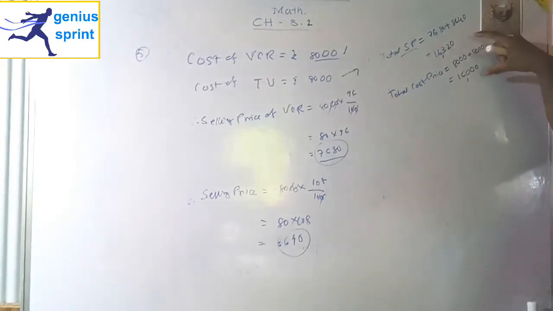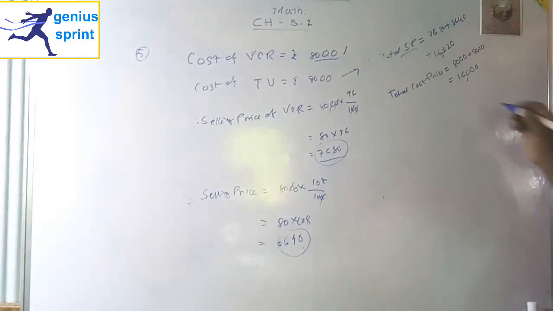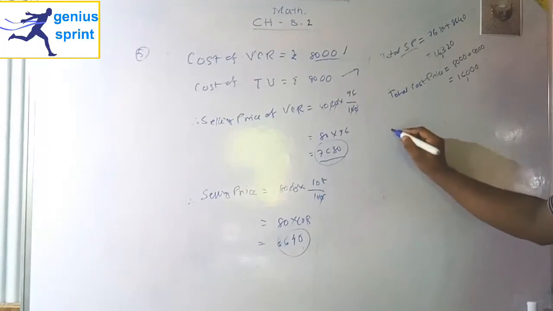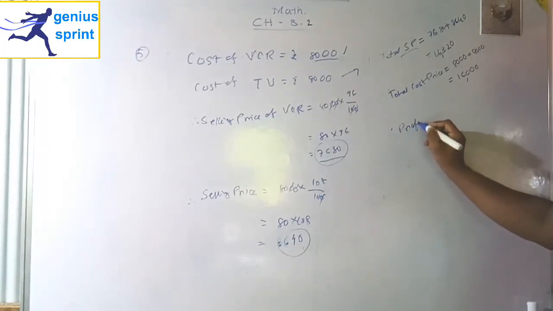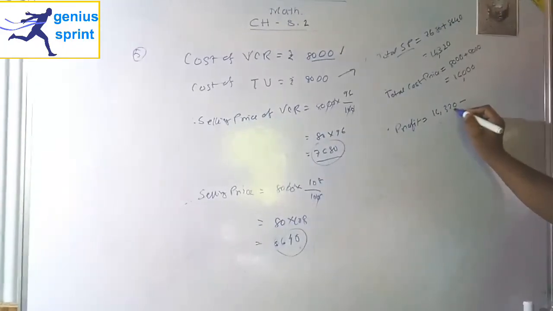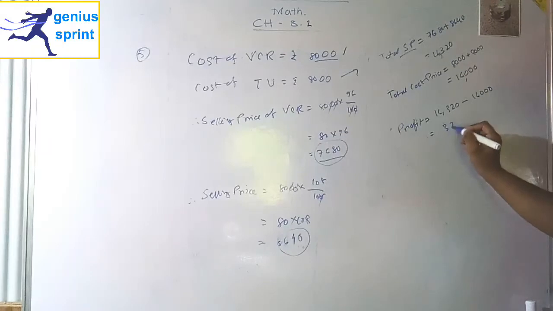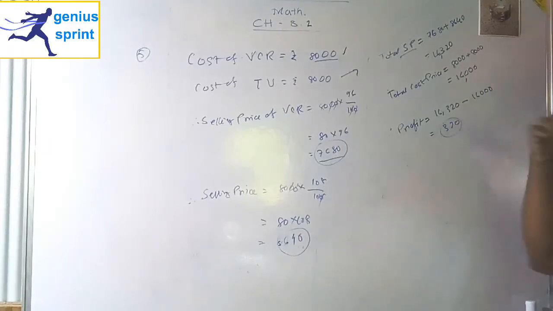Now tell me whether he gained or lost. From this data I can say that he gained. Therefore profit is equal to 16,320 minus 16,000, which gives 320. So rupees 320 is his gain.